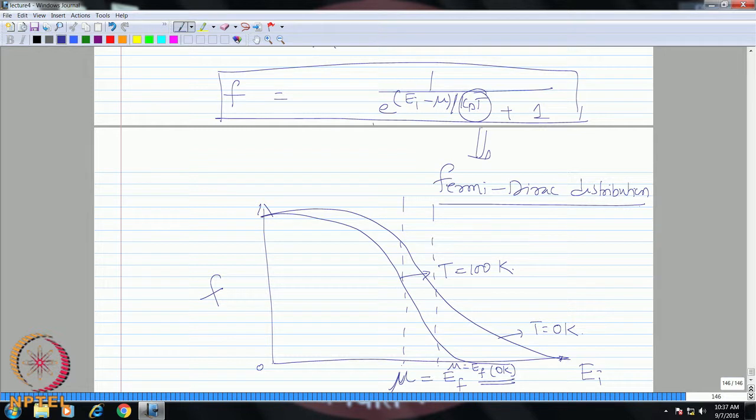you will see that if you for example go to 300 Kelvin, you will be getting something like this. So, this will be at 300 Kelvin, and it tends to become a straight line from the characteristic distribution like this.